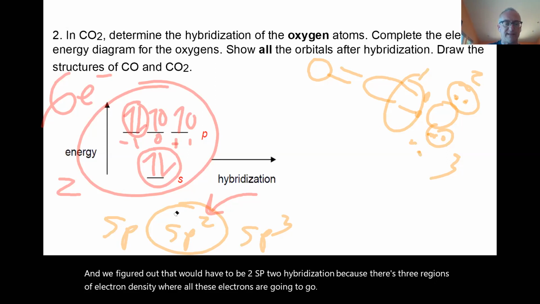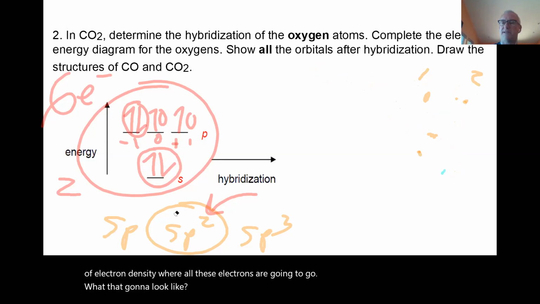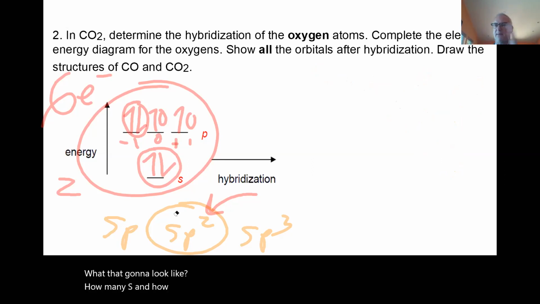So what is that going to look like? How many s and how many p orbitals are going to be hybridized? With sp, remember we hybridized 1 s and 1 p.